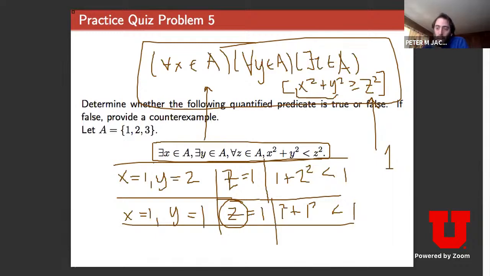So you have to find the z and then show that it satisfies this condition for every pair x and y. Okay. Because that's the negation. Right. Yeah.